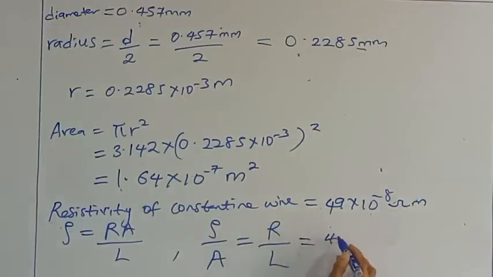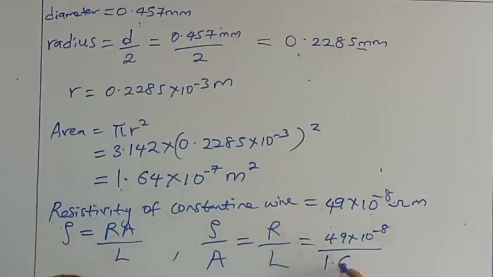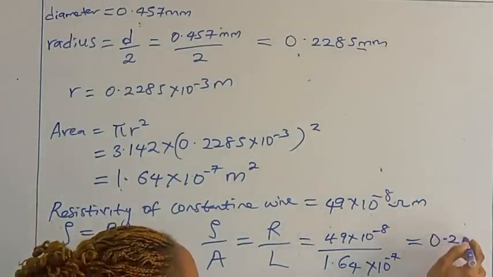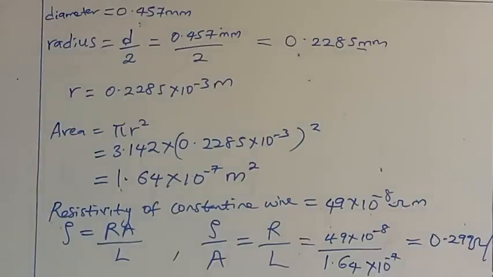We are going to have 49 times 10 raised to the power minus 8, that's resistivity, over the cross-sectional area, which is 1.64 times 10 raised to the power minus 7. At the end, we are going to have 0.299 ohm per meter. So we have gotten the resistance per unit length of any given wire.